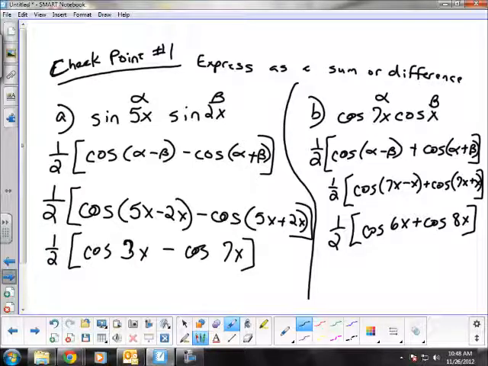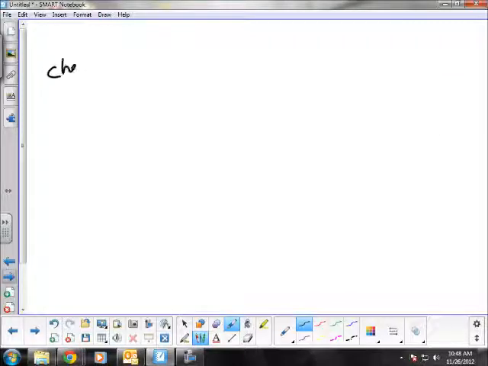Example 2 or checkpoint 2 wants us to do the exact same thing but work the other direction. It wants us to express each one as a product.